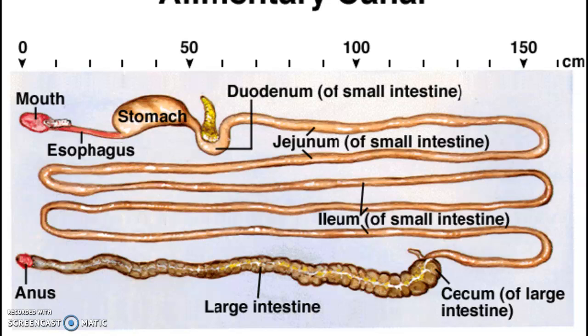So we've talked about the mouth, the esophagus, the stomach, and the small intestine, which, you remember, is the very long part of the alimentary canal. And now we want to talk about this last section, the much shorter but much larger in diameter large intestine that extends from the end of the small intestine to the anus.